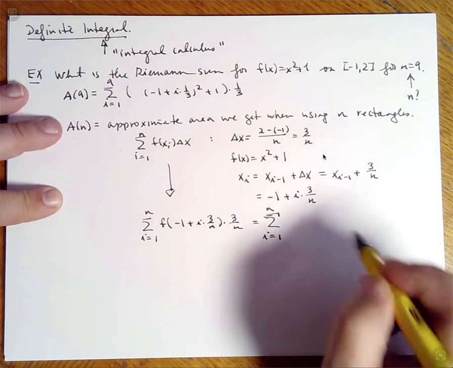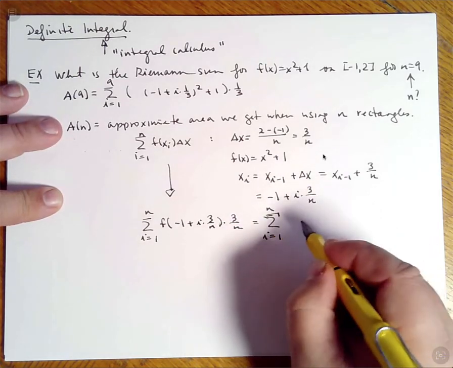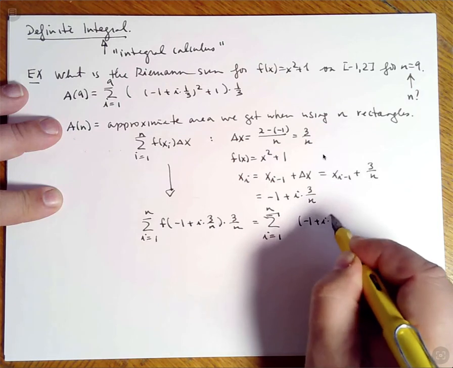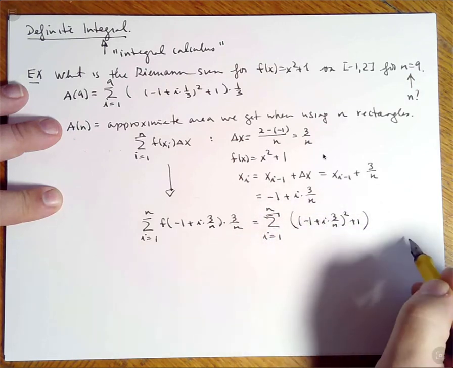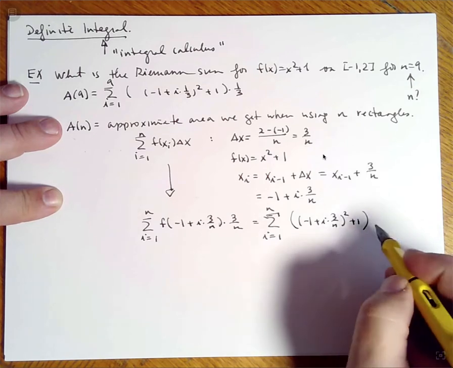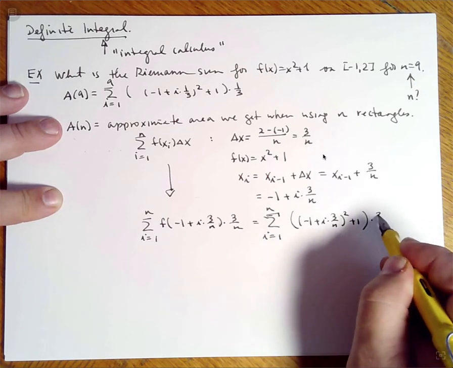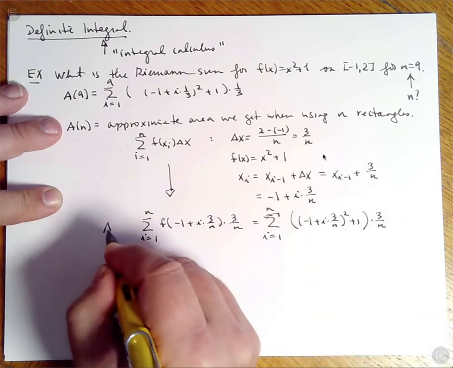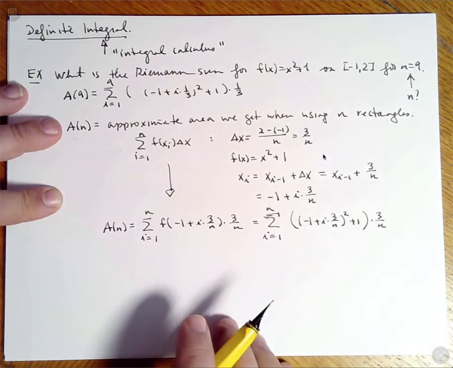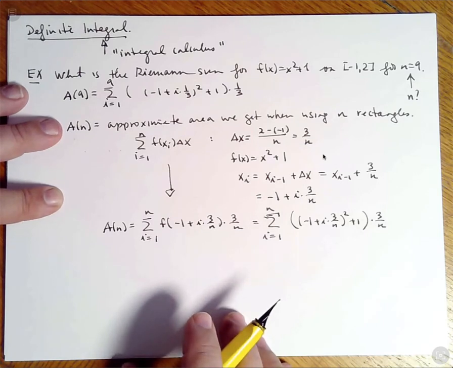So our formula is square the input and add 1. So there's our value of our function at the right endpoint times the width. So there we go. This is our expression for A_n, the area we get if we use n rectangles.